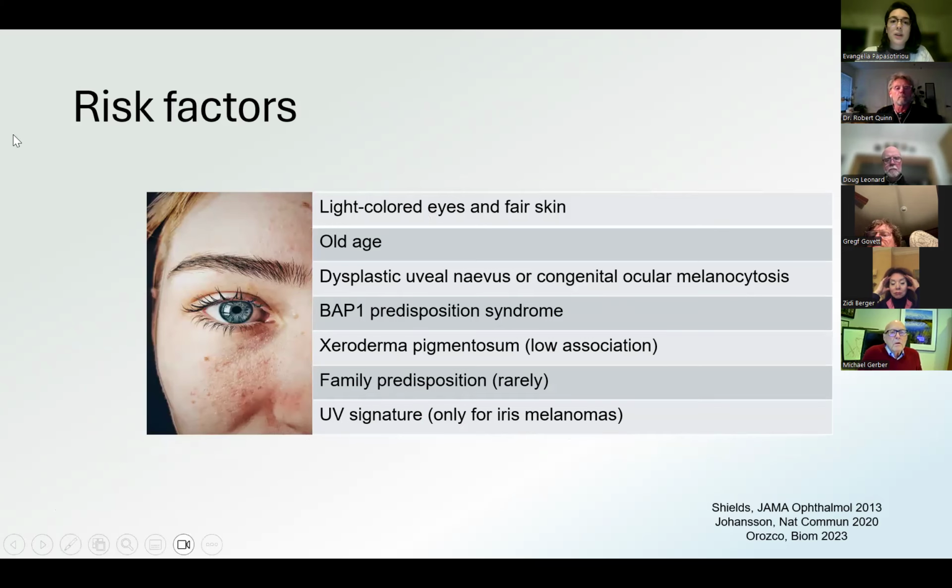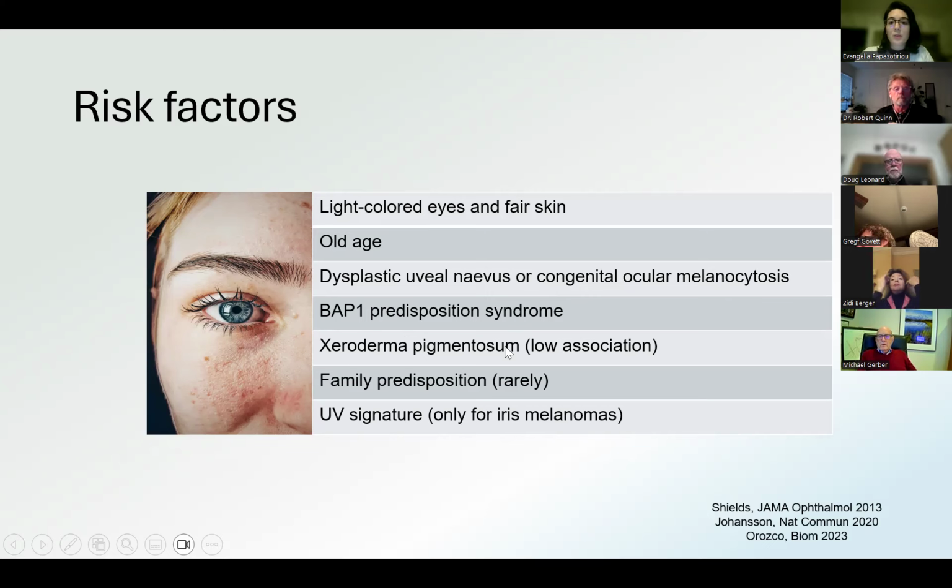And speaking of risk factors, some research work has shown that it is light-colored eyes and fair skin. However, which is bizarre, not light-colored hair. It's old age. It's the observation of dysplastic uveal nevus, congenital ocular melanocytosis, BAP1 predisposition syndrome, which we can also see in other cancers.